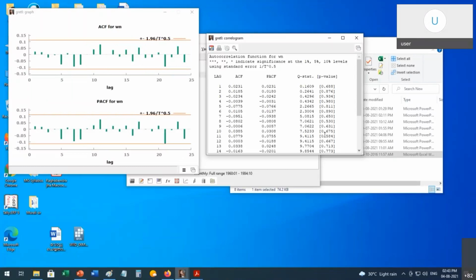And in that case, the series is not a white noise. It is a stationary series, however. It is a stationary series because we have a fast decaying ACF. Got it? Yes, sir. Okay.